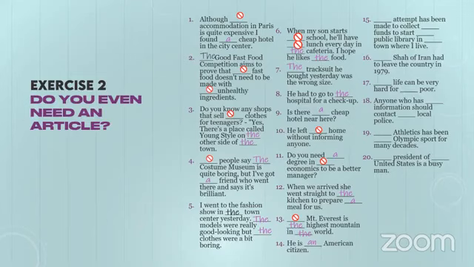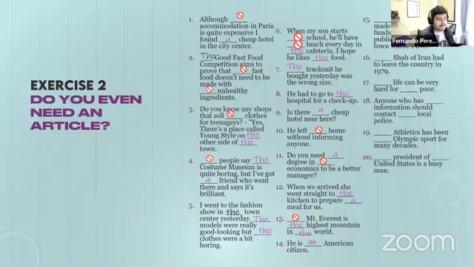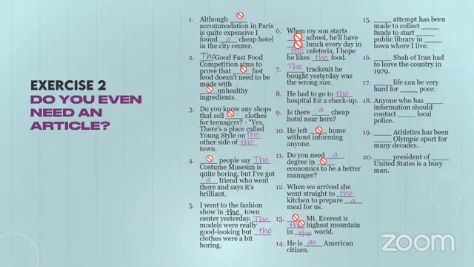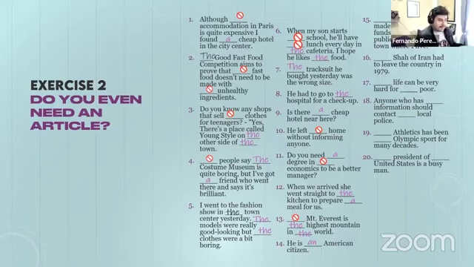The attempt has been made to collect funds to start a public library in the town. Very nice. You said collect funds, no? Funds. Yes, funds. Pronunciation.